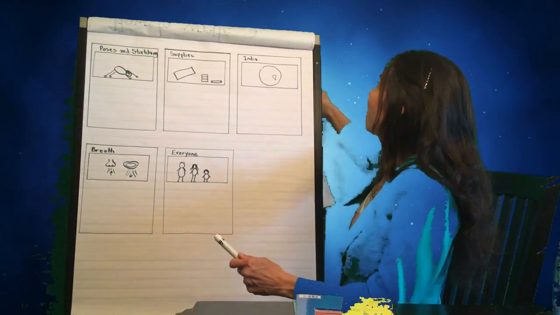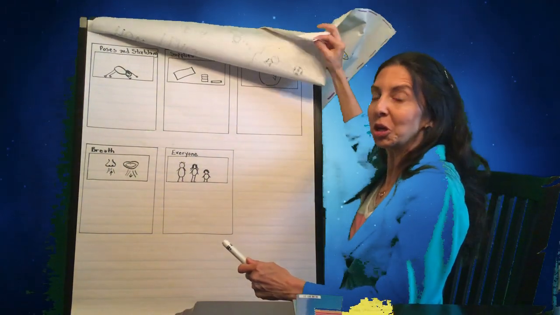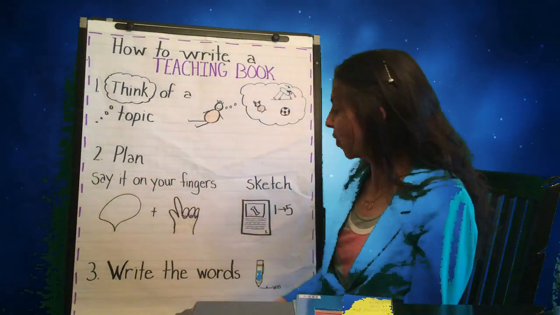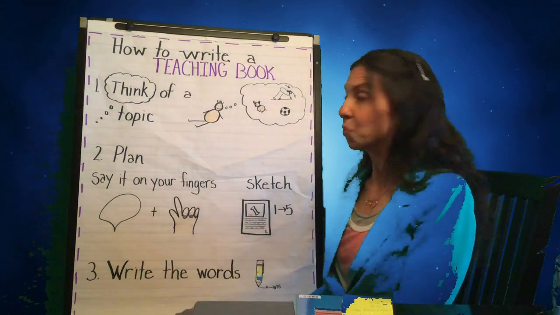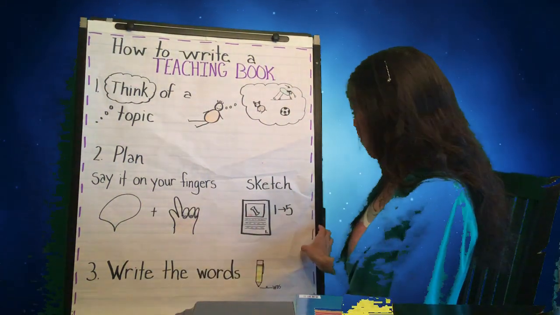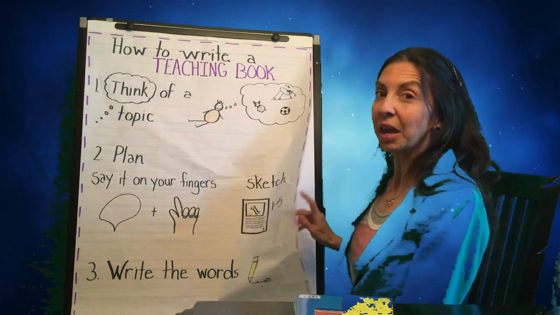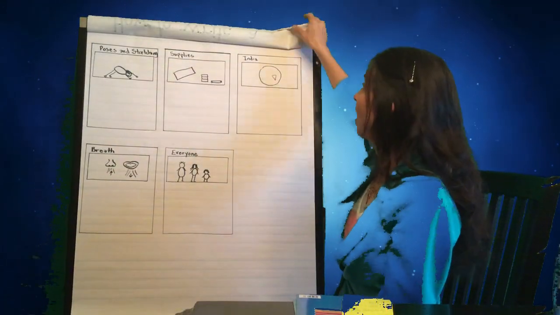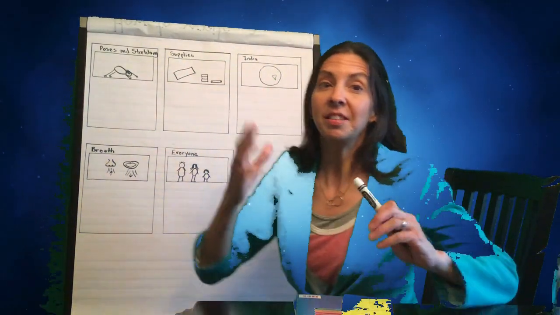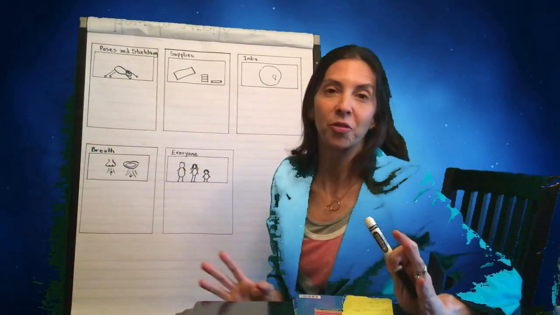So the third and final thing, and this is a huge lesson today, I know, so thanks for sticking with me. The third and final thing to write my teaching book is I need to write the words. And when I write the words, I have to think about a lot of things. First of all, right now in the writing process, this is just a draft.